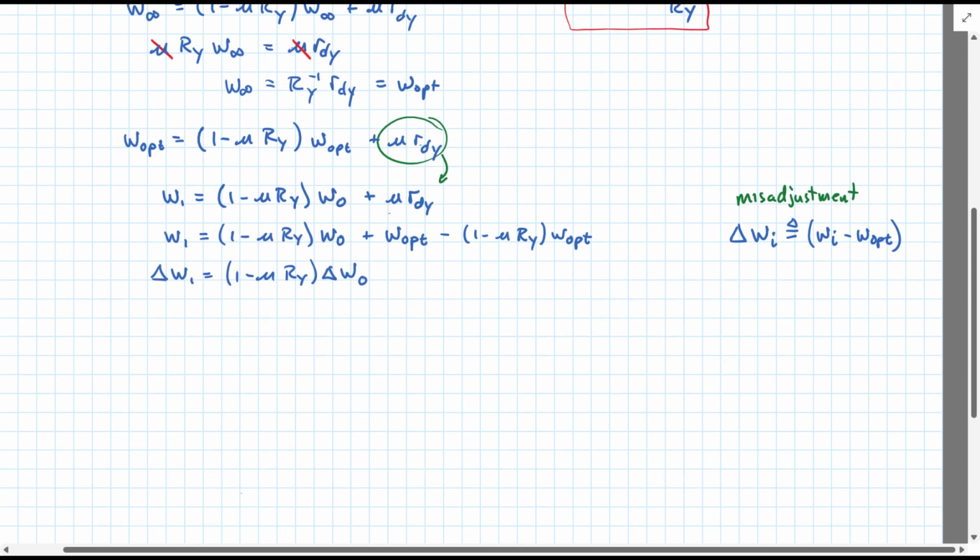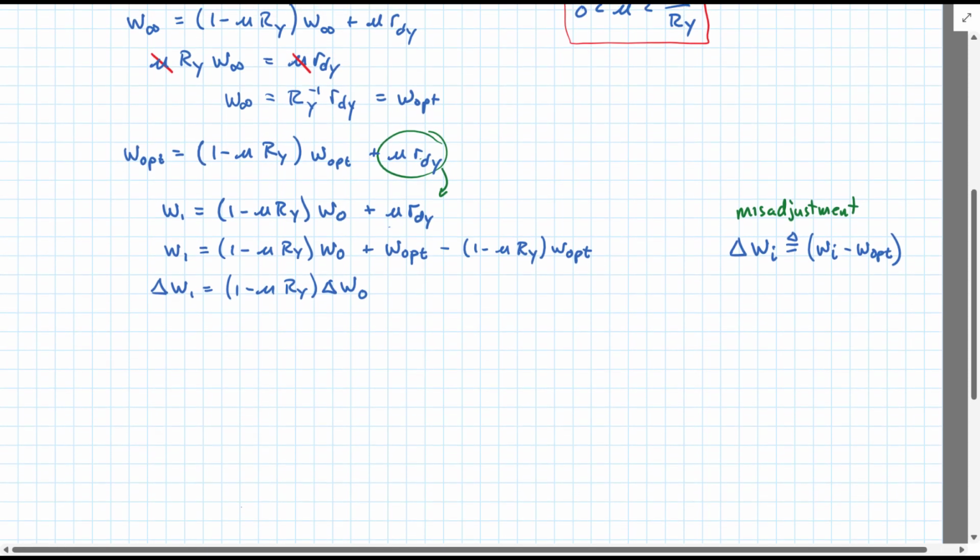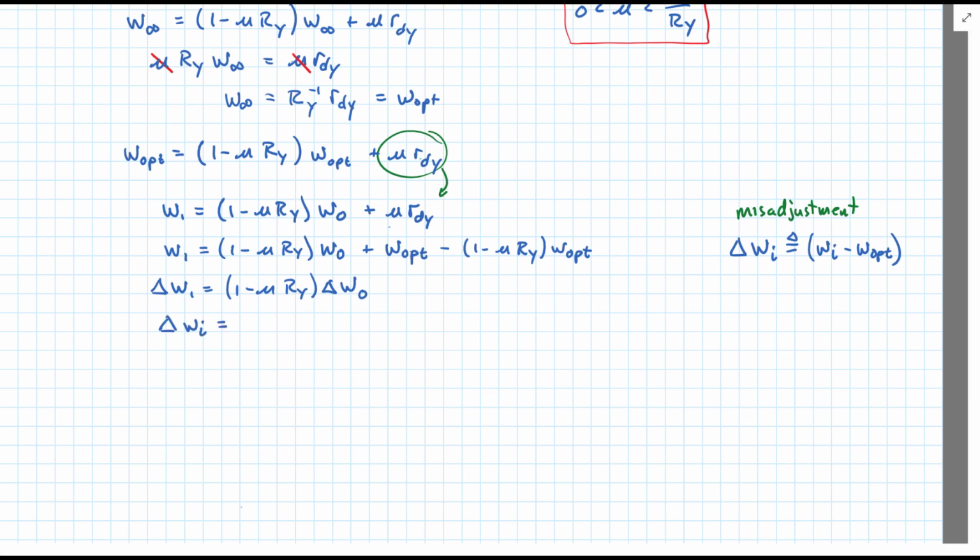You can verify for yourself, or you can take my word for it, that if we were to continue this, we are going to find that the general relationship is the misadjustment at time i is equal to 1 minus mu Ry times the misadjustment at time i minus 1, and if we just follow that all the way back, now we have this power function of 1 minus mu Ry.